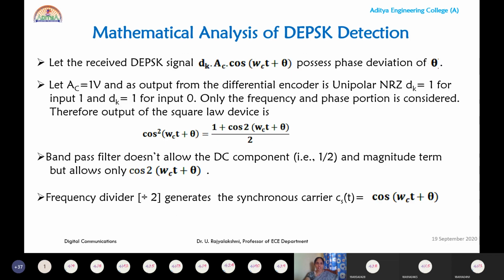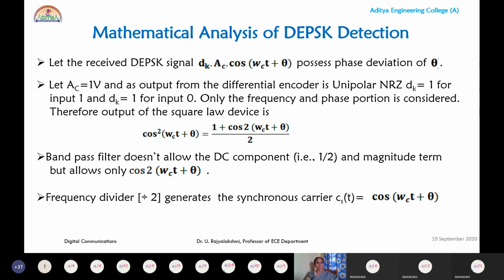Let us move to the next slide so that you can see the mathematical analysis of DEPSK detection, which is almost similar to binary phase shift keying detection, except that here the received signal dk is a unipolar format, and in the case of BPSK, b(t) is a bipolar signal.